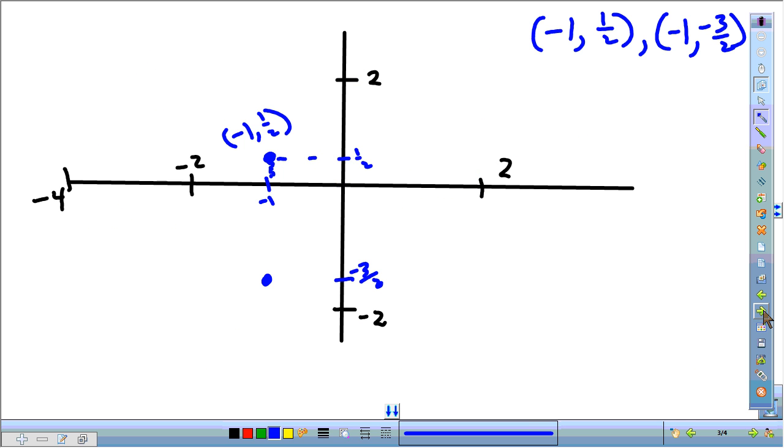So we could graph the entire set of solutions. That particular set, in this case, if we graph them all, would come together and form a curve.